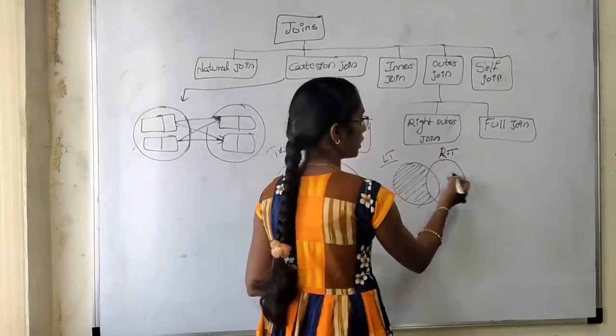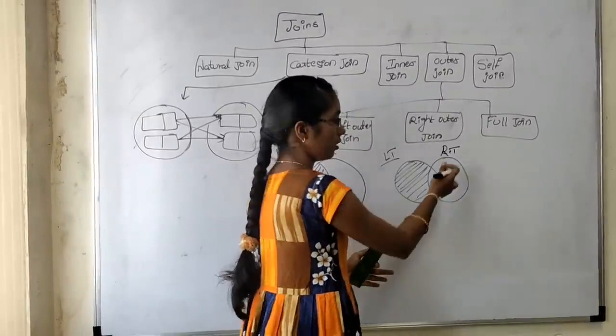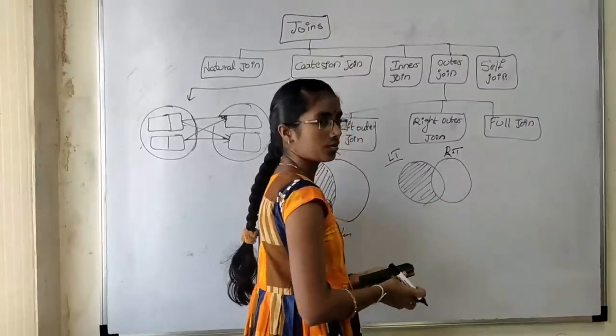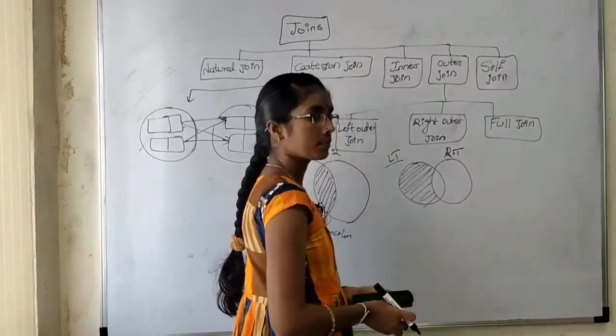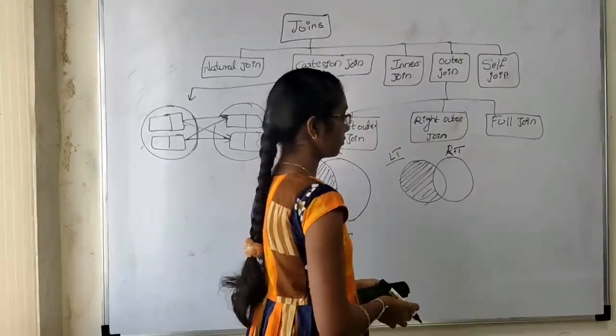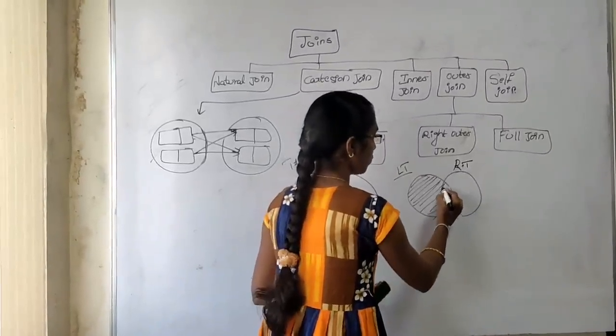And if there are no common rows in the right hand side table, it will print null values. Okay, then you need to highlight the right common data also, but you are highlighting only left data. Yes, sure, ma'am. So it will print this common data.